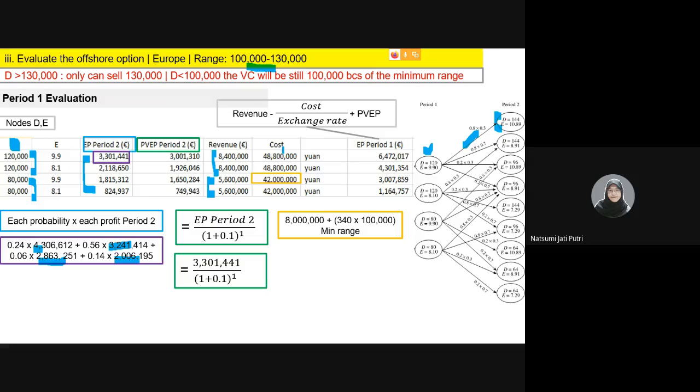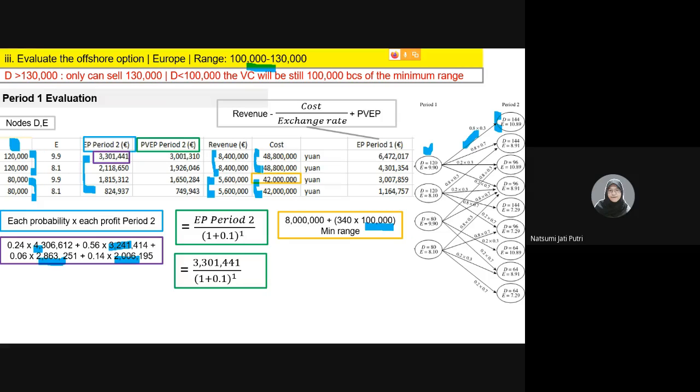But for the cost, because 80,000 units is below our minimum range of production, we compute it with a fixed cost of 8 million yuan plus 340 yuan times the minimum range of production, which is 100,000 units. So we get this number.